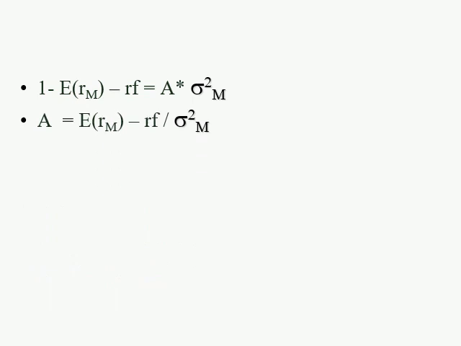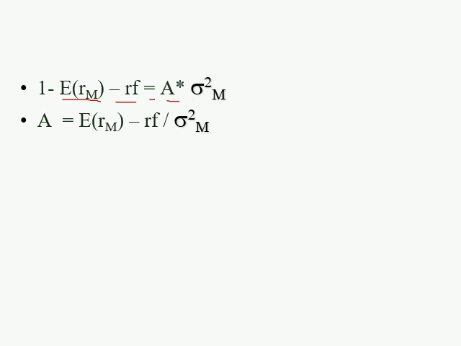This is the equation for number one. ERM, or expected rate of return of the market portfolio, minus RF, that is the excess return of the market, will be equal to A, that is the risk aversion, multiplied by sigma square M, or the variance of the market.